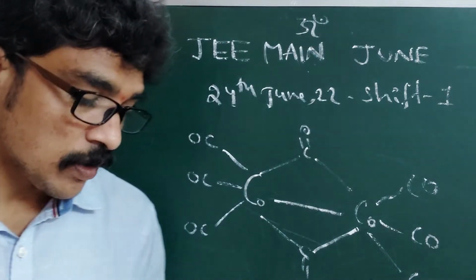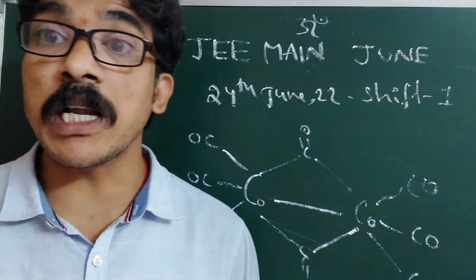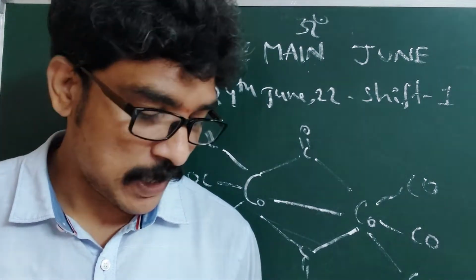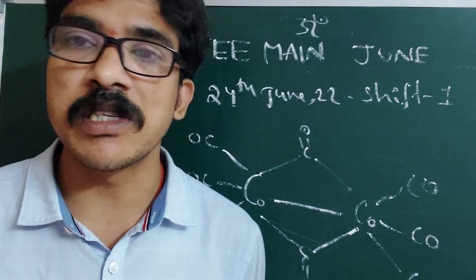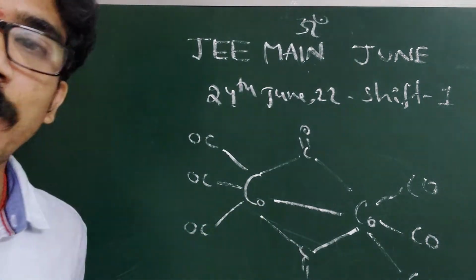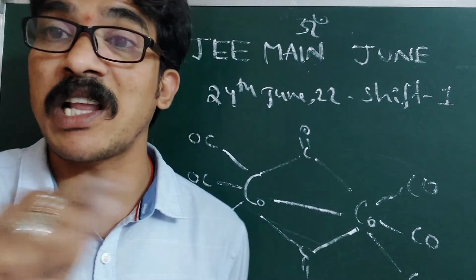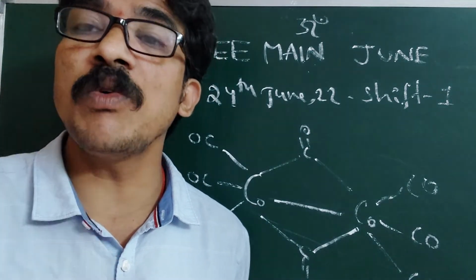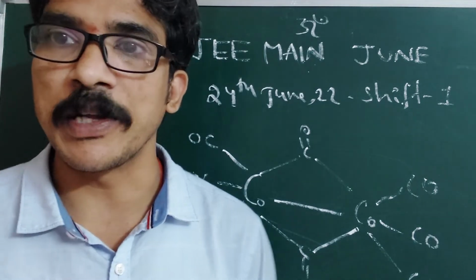Next question. In Co2(CO)8, CO taken 8 times, a metal carbonyl. In this compound, the number of CO bridging bonds is taken as X, and the number of terminal CO is taken as Y. Then X plus Y is equal to how much?